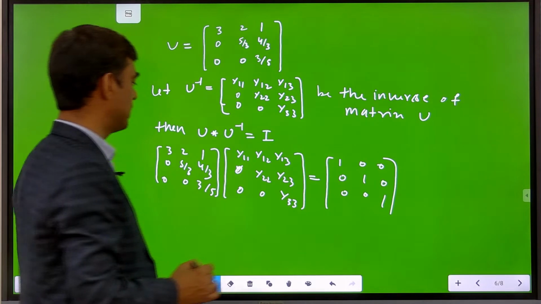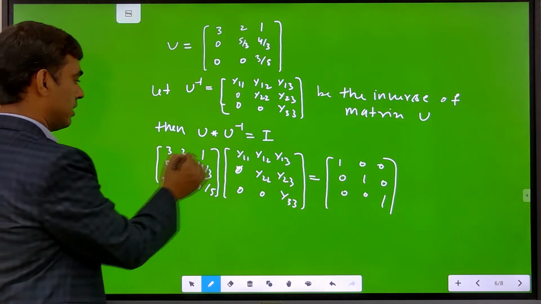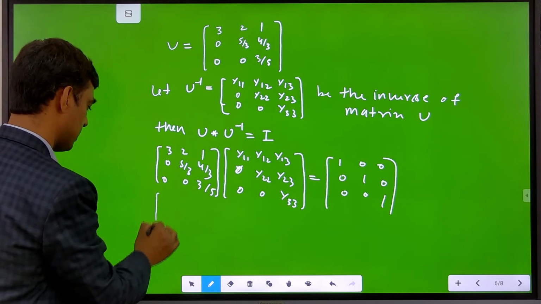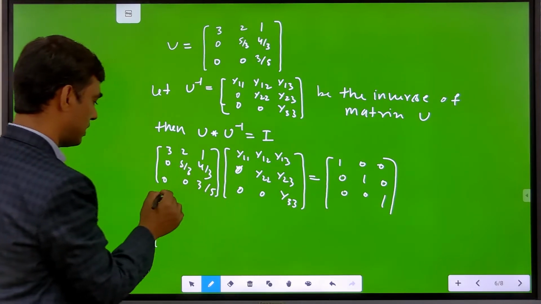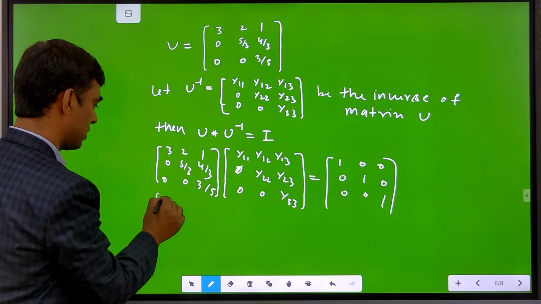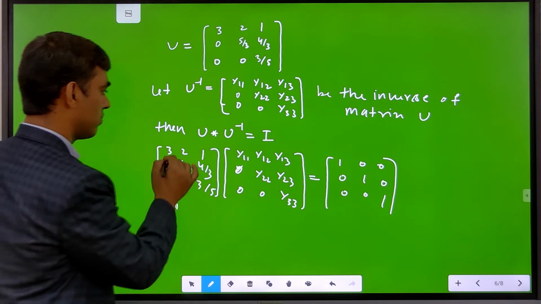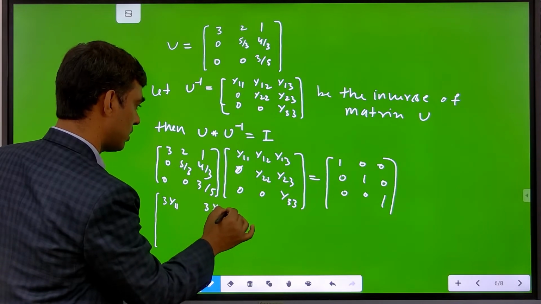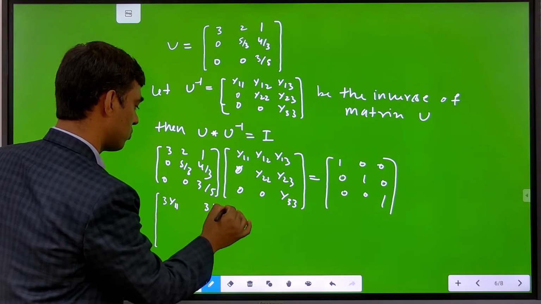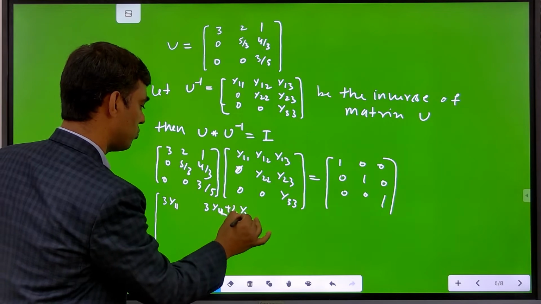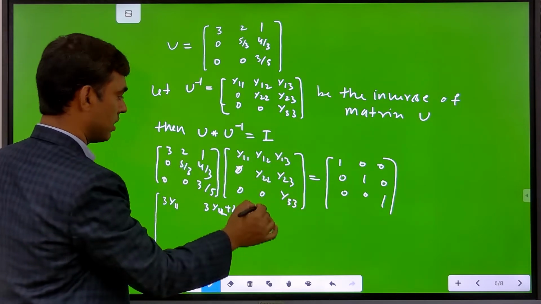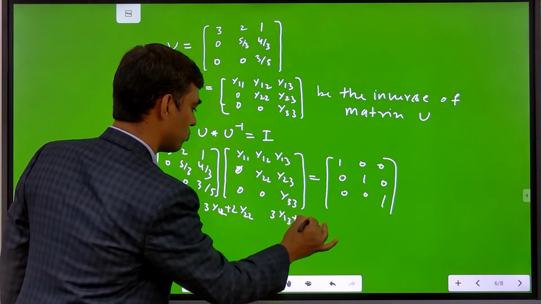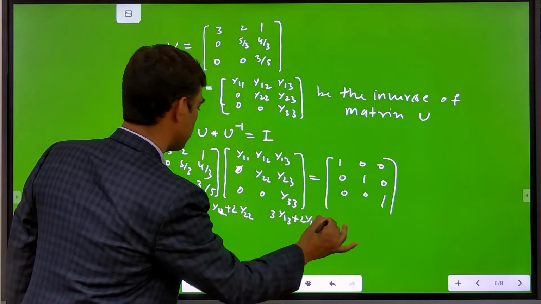If we multiply these, the matrix becomes 3y11, then 3y12 plus 2y22, then first row third column 3y13 plus 2y23 plus y33.